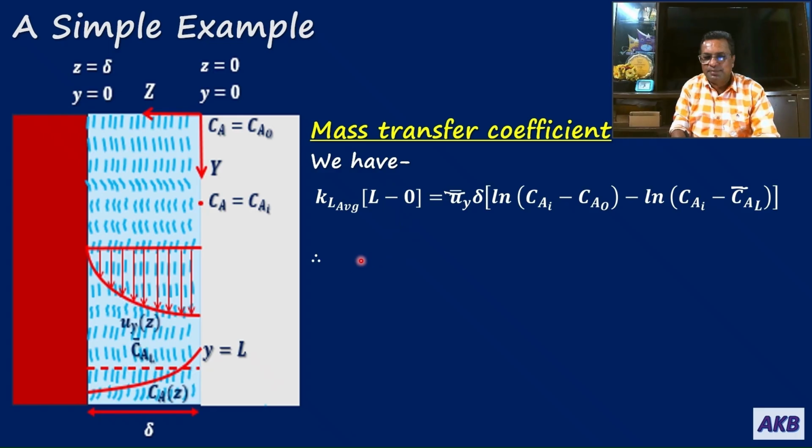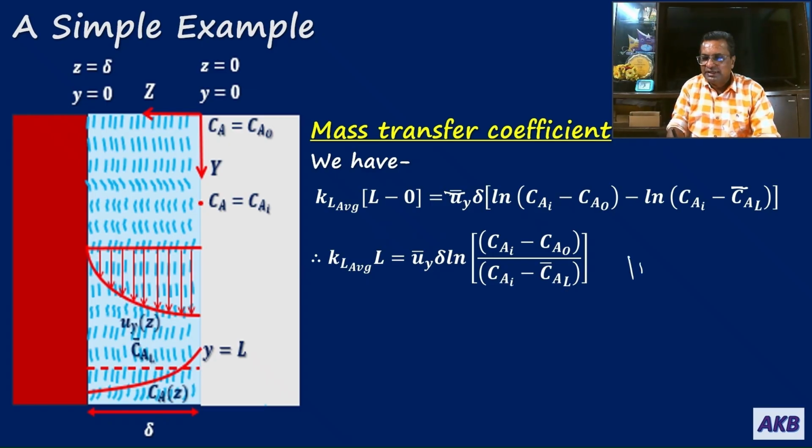In the next step, it will be KL average into L, and I have used the logarithmic identity: ln of m minus ln of n is ln of m upon n. So that's why you get KL average into L is equal to uy bar into delta into ln of CAI minus CA naught divided by CAI minus CAL bar.